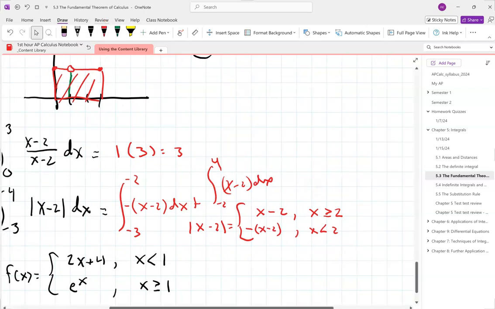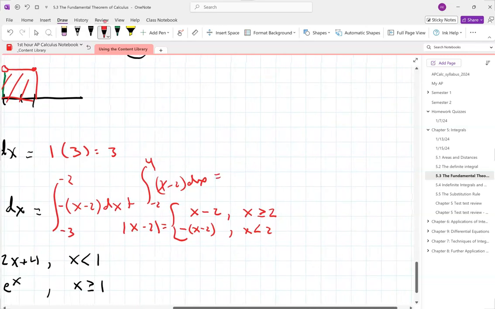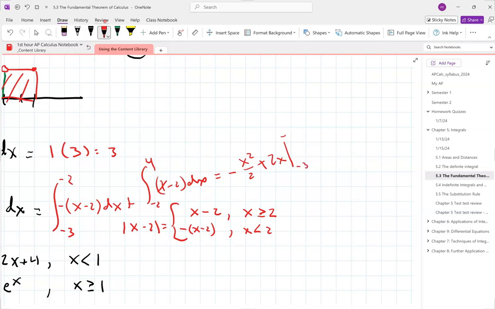I'm really excited about that. So the antiderivative of x is x squared over 2. And the antiderivative of 2 is 2x. And I distributed the negative sign through there. Is that okay with everybody? And then similarly here I have x squared over 2 minus 2x from negative 2 to 4. And then I can just kind of continue on, right?